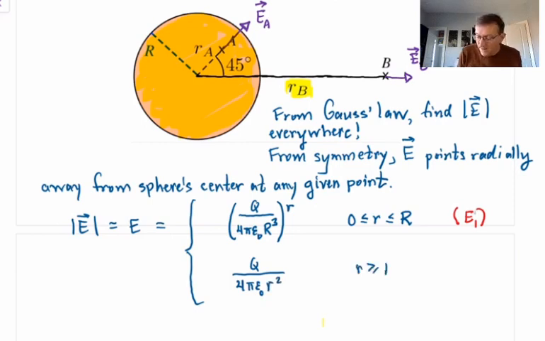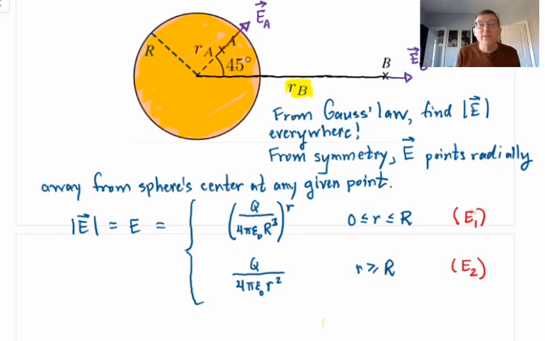So this is for any little r greater than or equal to big R, outside the sphere. And I'm going to call that function E2 for the field magnitude outside the sphere. So here's what I mean. We know E. You have to do a Gauss's law problem to get it, but we know E.